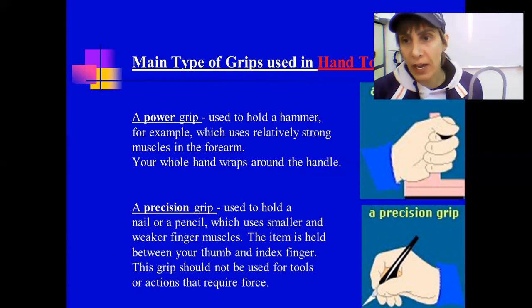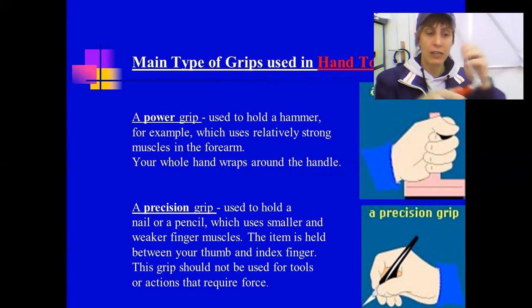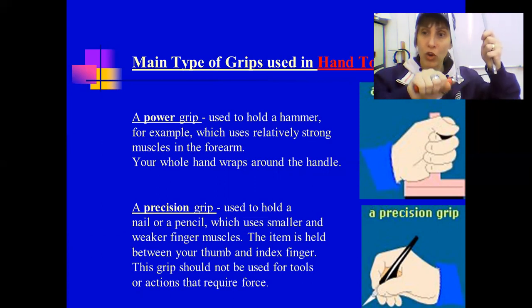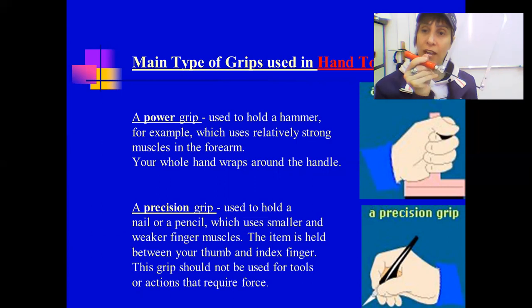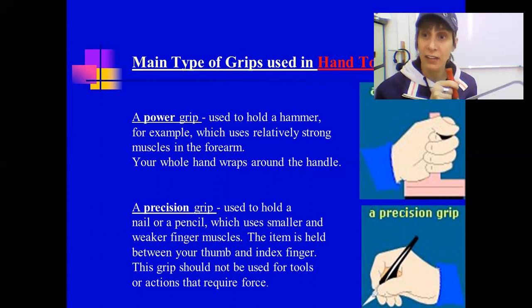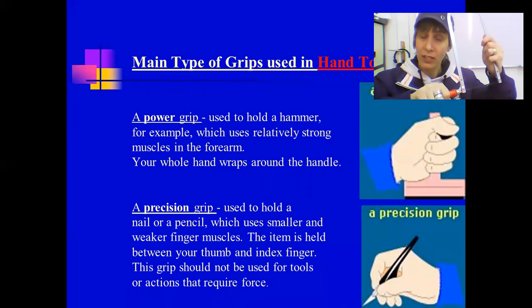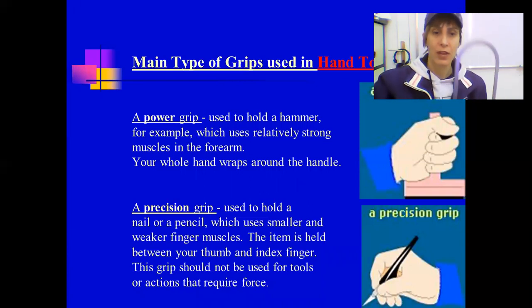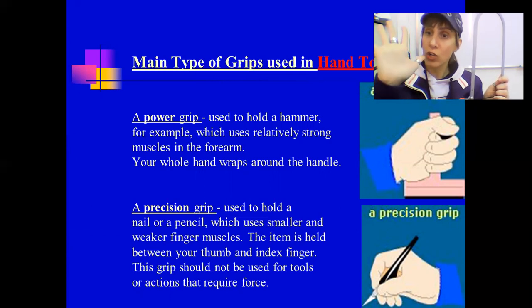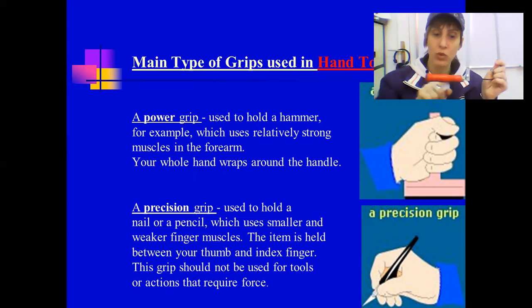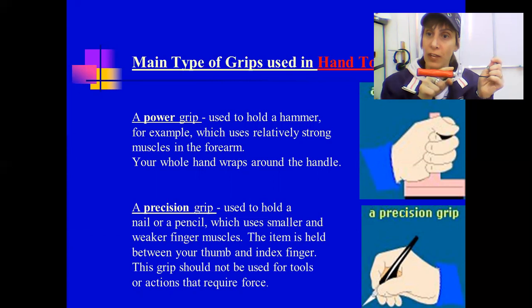To do this accurately, I need to have a strong grip with my whole hand, not like this. I can't hold this like this and cut, okay? You need to grab it strongly. So this is a power grip. When you need to apply force, all of your hand needs to be able to grip this surface here, which is the handle.